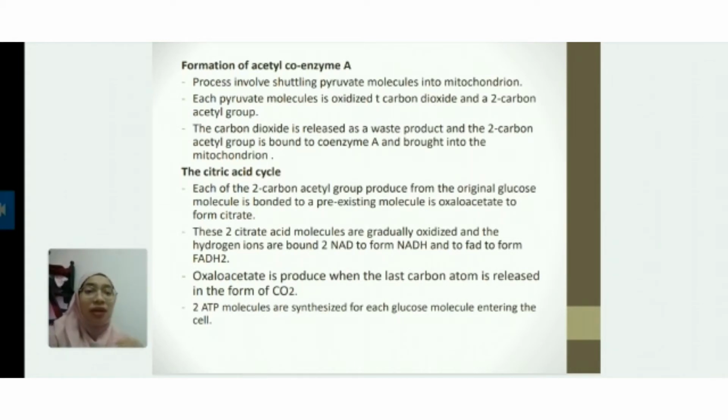These citric acid molecules are gradually oxidized and the hydrogen ions are bound to NAD to form NADH and to FAD to form FADH2. Oxaloacetate is regenerated when the last carbon atom is released in the form of carbon dioxide. 2 ATP molecules are synthesized for each glucose molecule entering the cycle.